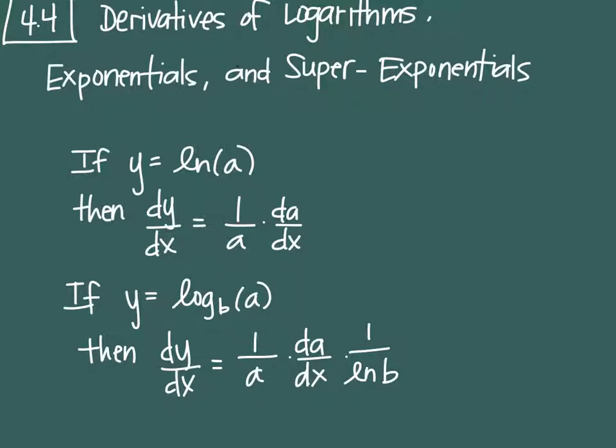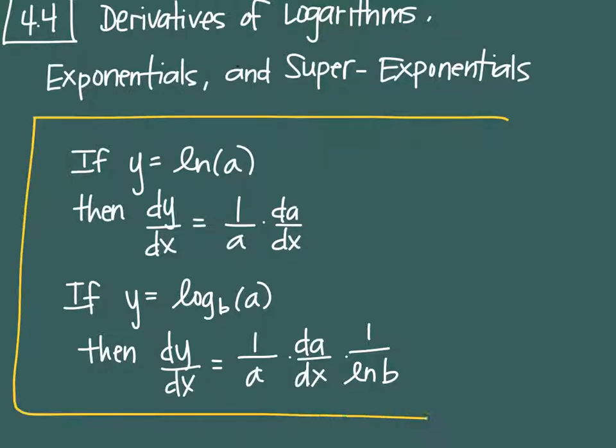So that will work on the natural logs as well. You just have 1 over natural log e, which is 1, so it doesn't change anything. So that is the rule. If I were going to say just memorize one of them, memorize the bottom one because it works for both. The top one only works on natural logs, the bottom one works on both. So that's how to do logs.